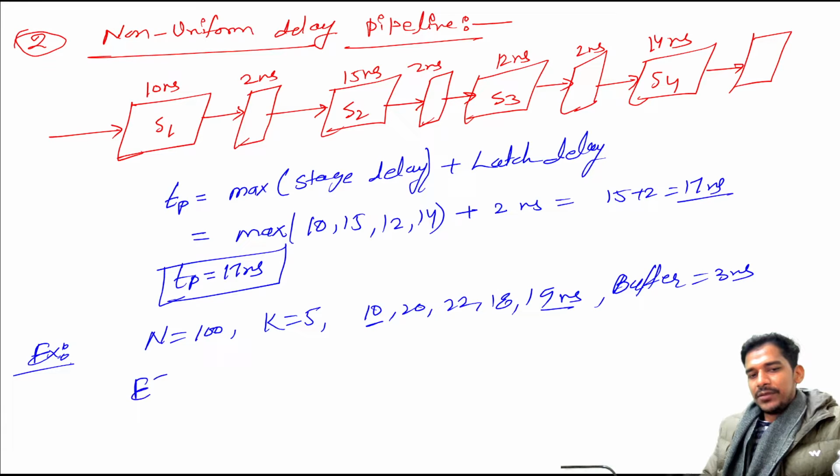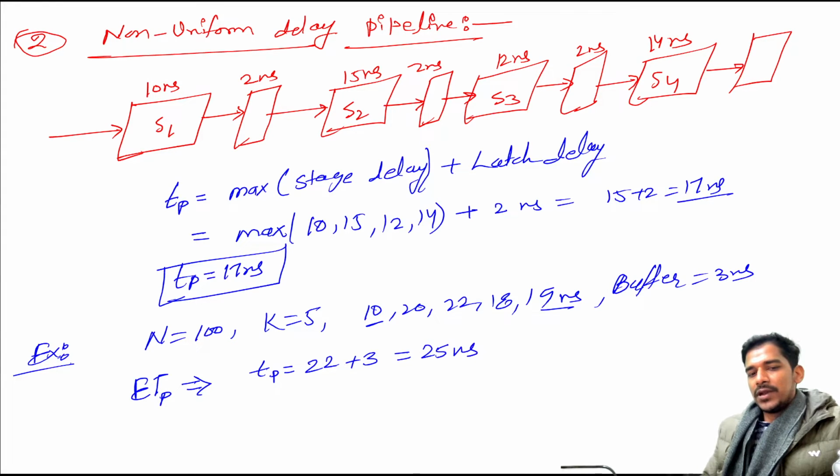So execution time in pipelining processor: first you will have to calculate the cycle time. The cycle time will be the maximum of these, 22 nanoseconds, plus buffer delay, that is 3 nanoseconds, which will be 25 nanoseconds, right?